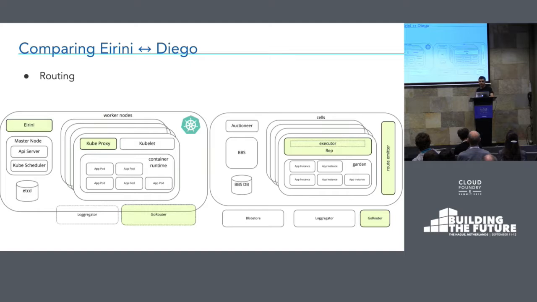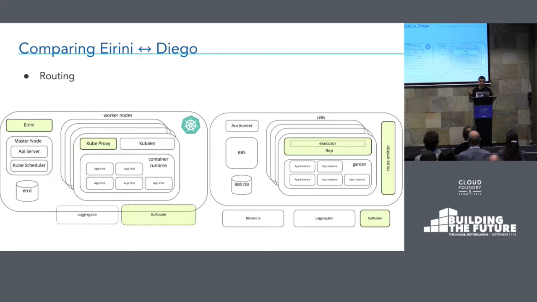So for routing, with Diego, we have the route emitter, which basically receives information about the IP address of each container and the port for the application, forwards that information to the GoRouter, and makes the application instance routable. For Kubernetes, this is done through kubeproxy, which has some understanding of the IP address of the node.